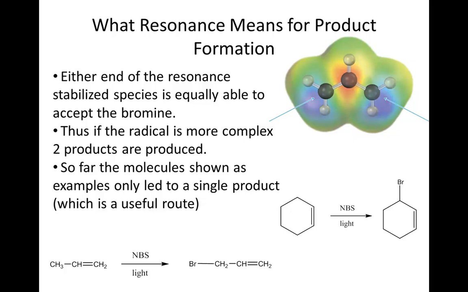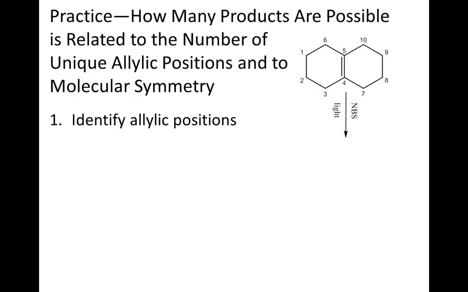Well, again, I can't really tell the difference between this position and this picture, which is the radical you get from here, but I may be able to tell in some cases because the allylic positions, if they do resonance, are not always going to lead to the same thing in both ends. We need to look at some examples of that.